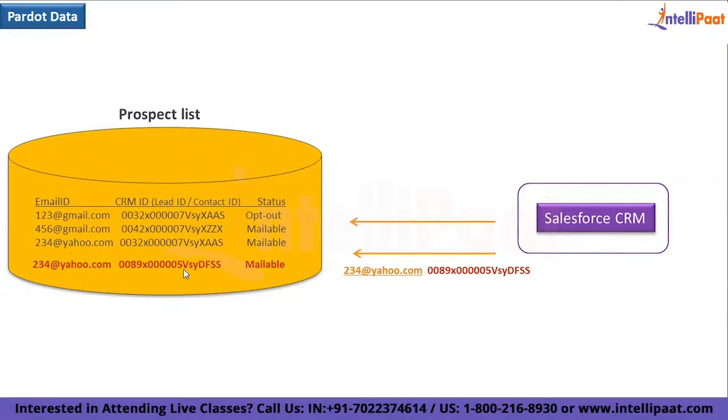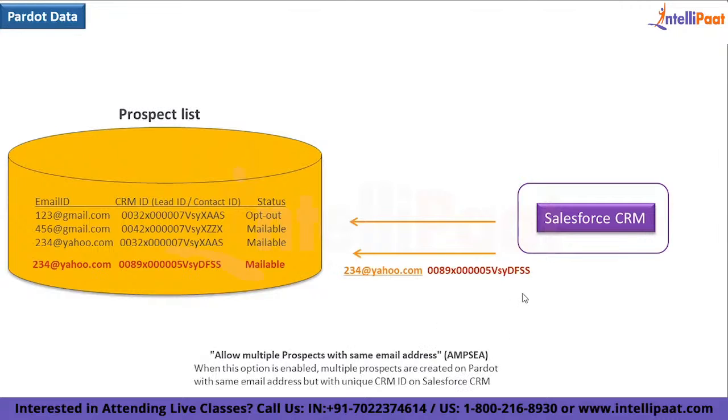This can happen because of allowing multiple prospects with the same email address, but it was not the case in the earlier period. In Pardot, it was never the case because the email address was the only unique identifier.